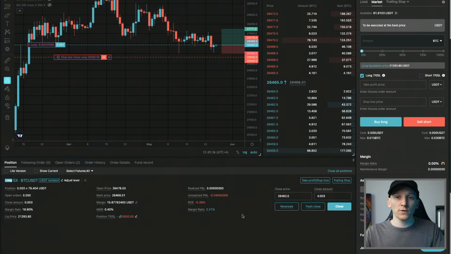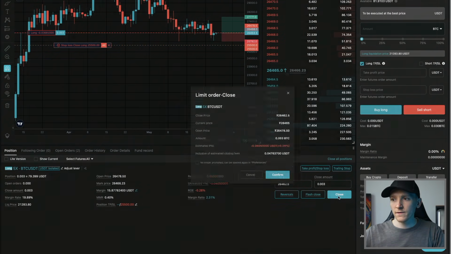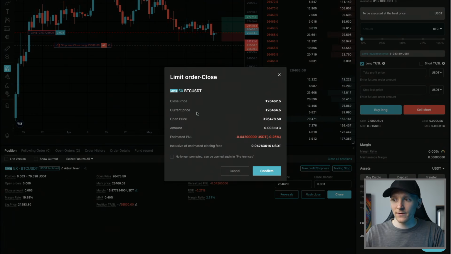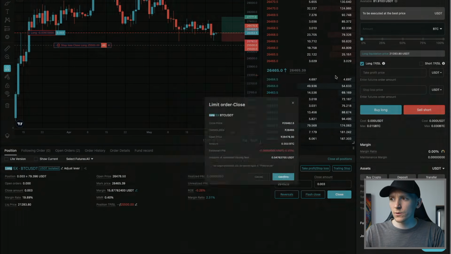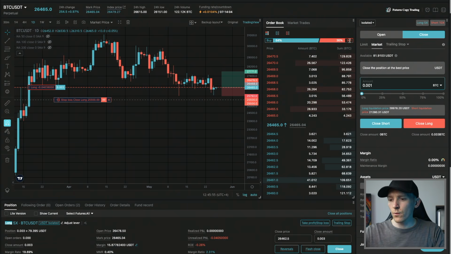Like I said previously, we can close the order. Now you can do this partially or in full. So if you come down here and press close, you can see this and you can edit this as you want. So this essentially closes the whole thing. But what we can do is actually come up here and press close, and then we can close short with, let's say, 0.0015. That would close a partial amount of the order.